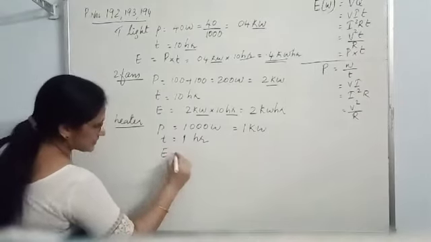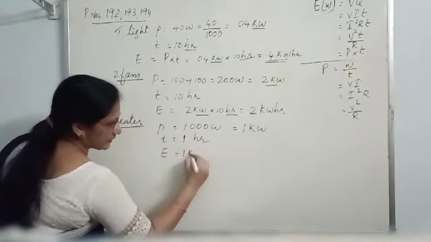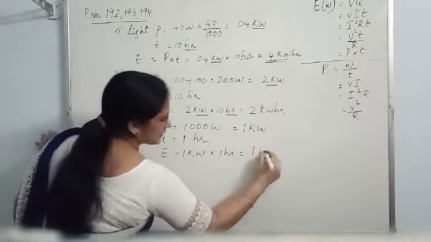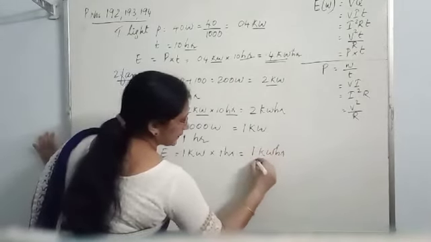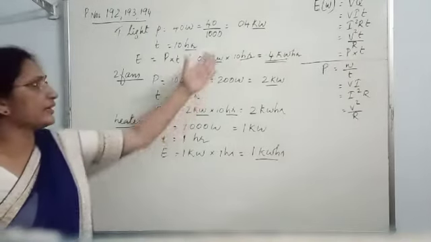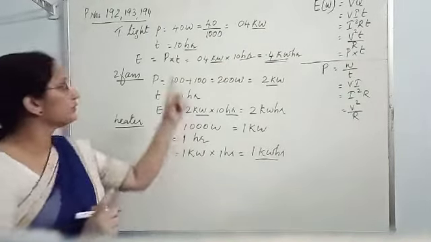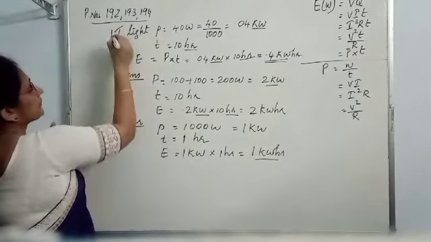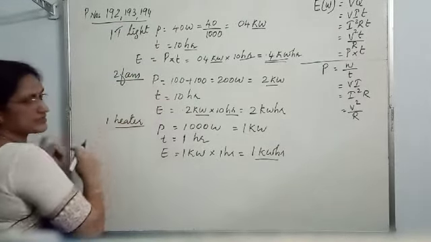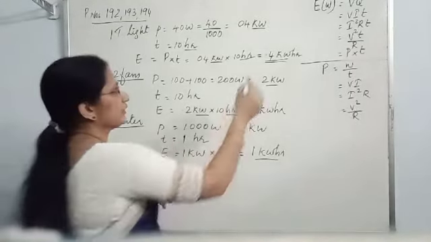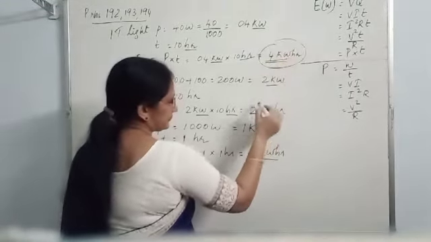So energy is power into time. 1 kilowatt is the power, time is 1 hour. So 1 kilowatt hour. So these are the energies consumed by the devices for 1 day: 1 tube light, 2 fans and 1 heater. So let us calculate the total energy consumption for a day. You have to add these three.